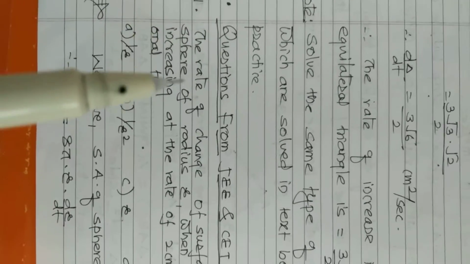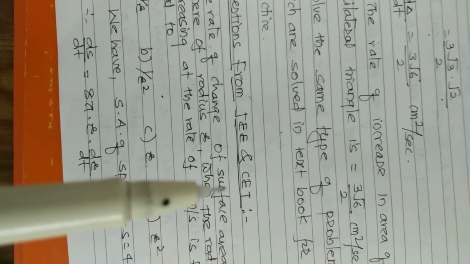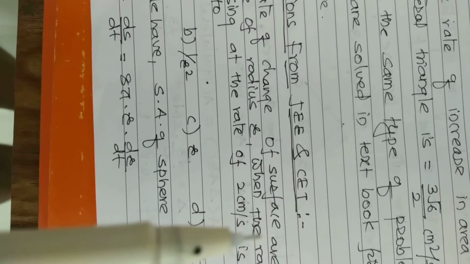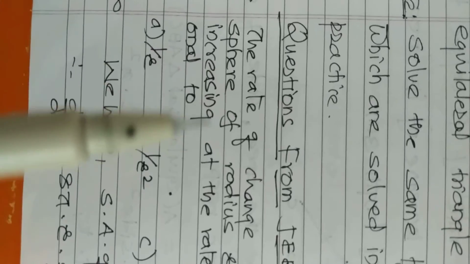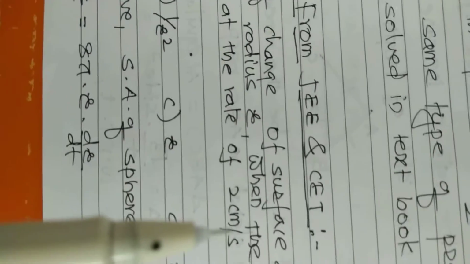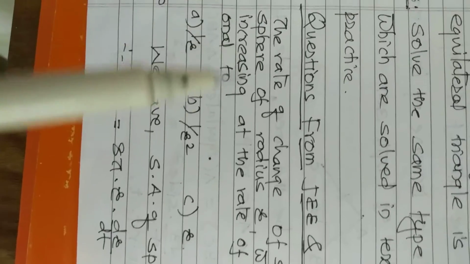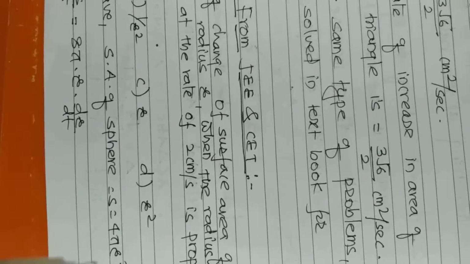Now some questions from JEE and CET. The first question: the rate of change of the surface area of a sphere of radius r, when the radius is increasing at the rate of 2 cm per second, is proportional to what?